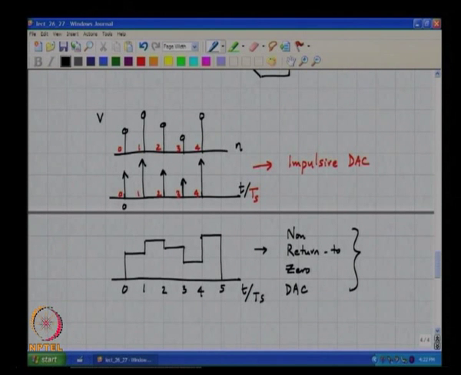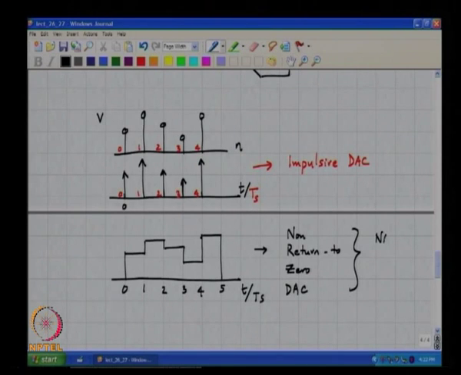Commonly used pulse shapes are the following. One is what is called the non-return to 0 DAC, where instead of putting an impulse, which we know is very difficult to generate, we have a rectangular pulse where the height of the pulse stays constant throughout the sampling period. Such a DAC is called, in short, an NRZ DAC, NRZ standing for non-return to 0, because the waveform does not return to 0.